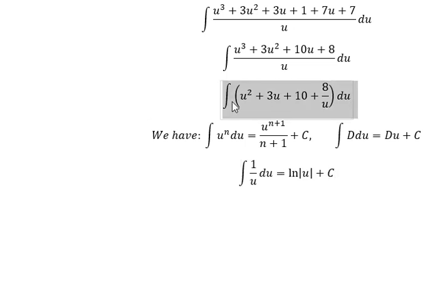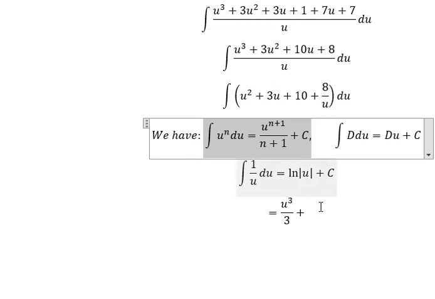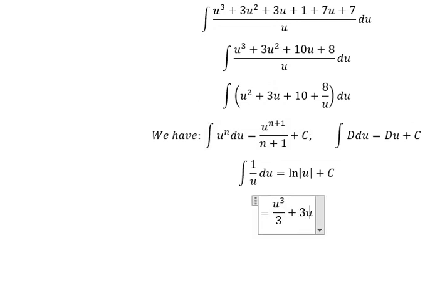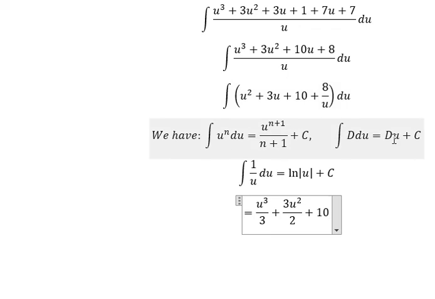Now we can apply the formula in here, and we have u to the power of 3 over 3. This is u to the power of 1, so if we apply the formula in here, we have 3u squared over 2. This is the constant, so we just have u.